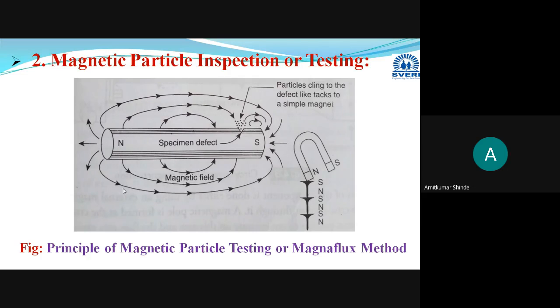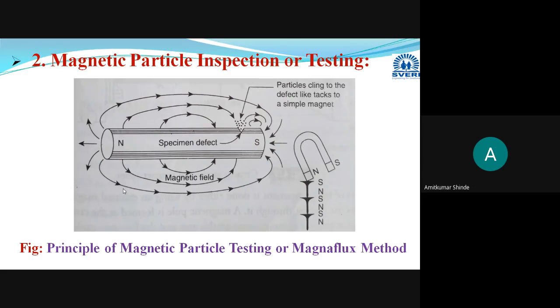First you have to remember this: this test is used only for ferromagnetic materials. It is suitable only for ferromagnetic components, materials having magnetic properties, such as different components of iron and steel.